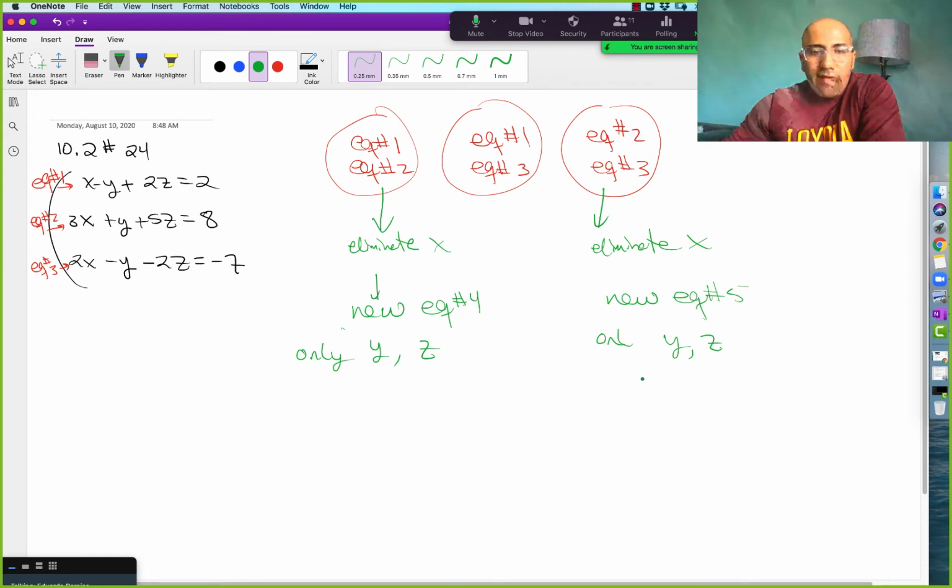And then I'll be able to get these two and cancel out one of the letters, resulting in my solution from that point, right? So at this point it reduces down to a system of two equations, two unknowns, right? So now I'll have equation number 4 and equation number 5, and that'll be my new system with two equations and two variables.